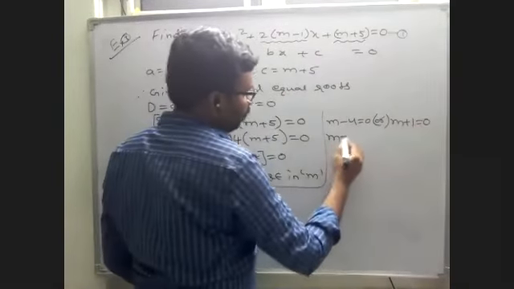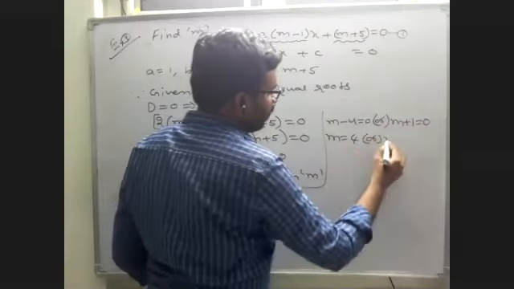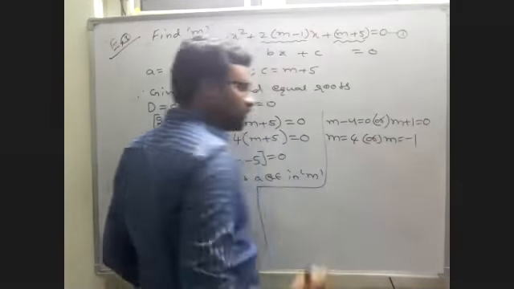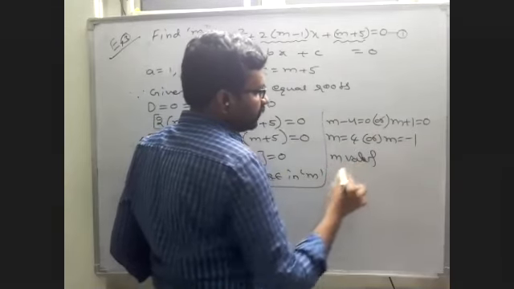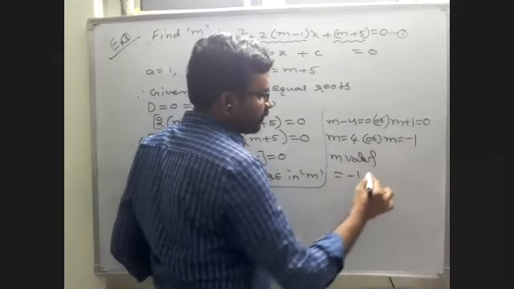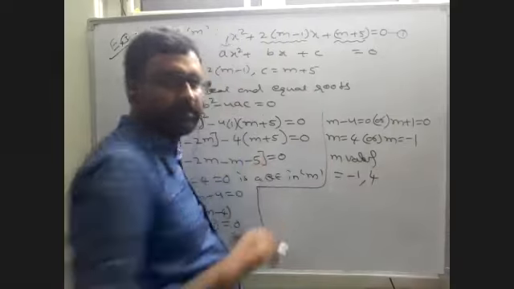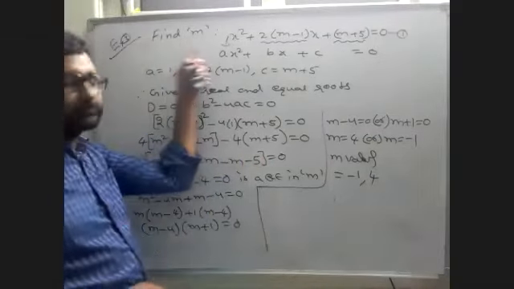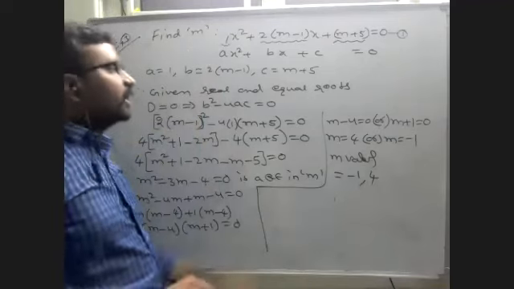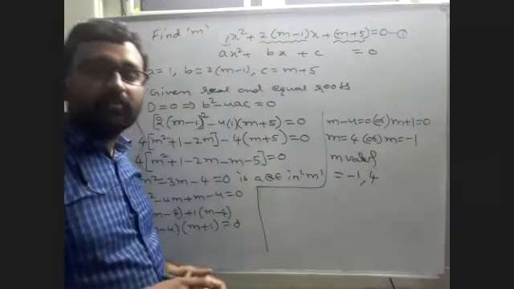Now m equal to 4 or m equal to minus 1. Therefore, the values of m are minus 1 comma 4. These are the values of m. That is what the question is asking, find m if this is having equal roots.